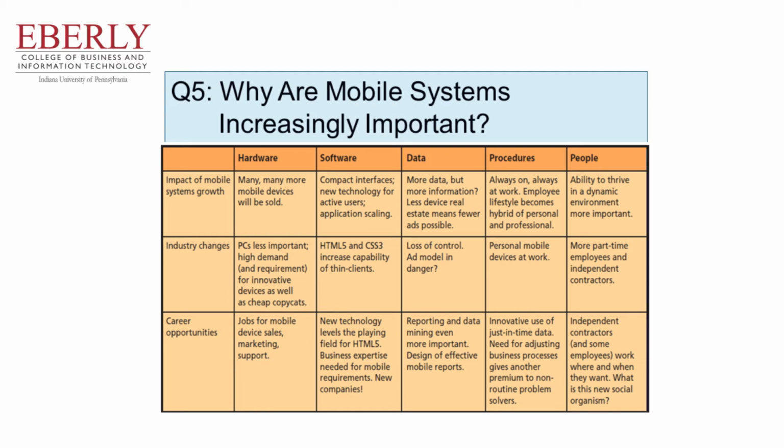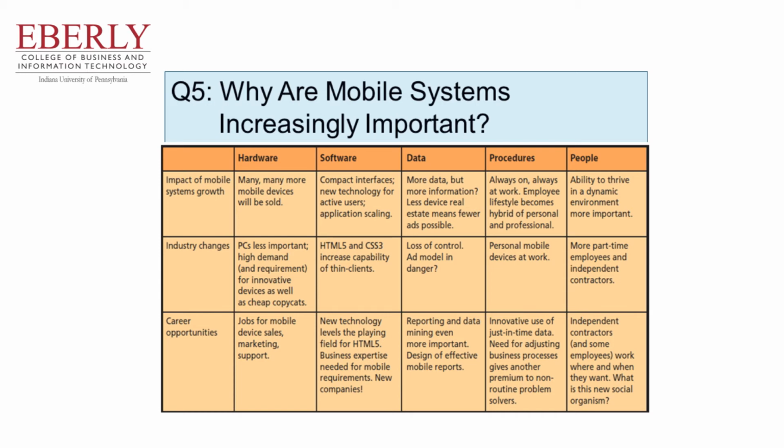On the other hand, it can lead to richer, more complex relationships. Mobile systems offer the potential of just-in-time data, which is data delivered to the user at the precise time it is needed.